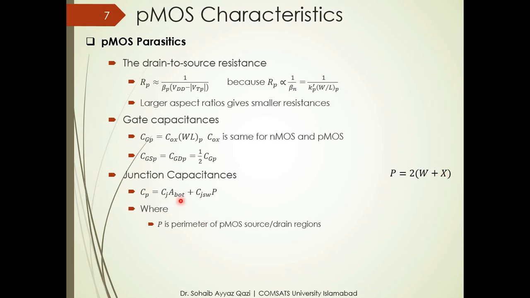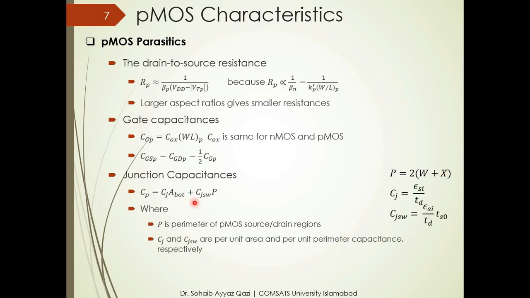And similarly, Cj is given by epsilon Si divided by Td, and the sidewall capacitance is given by epsilon Si divided by Td multiplied by the thickness of our diffusion region.